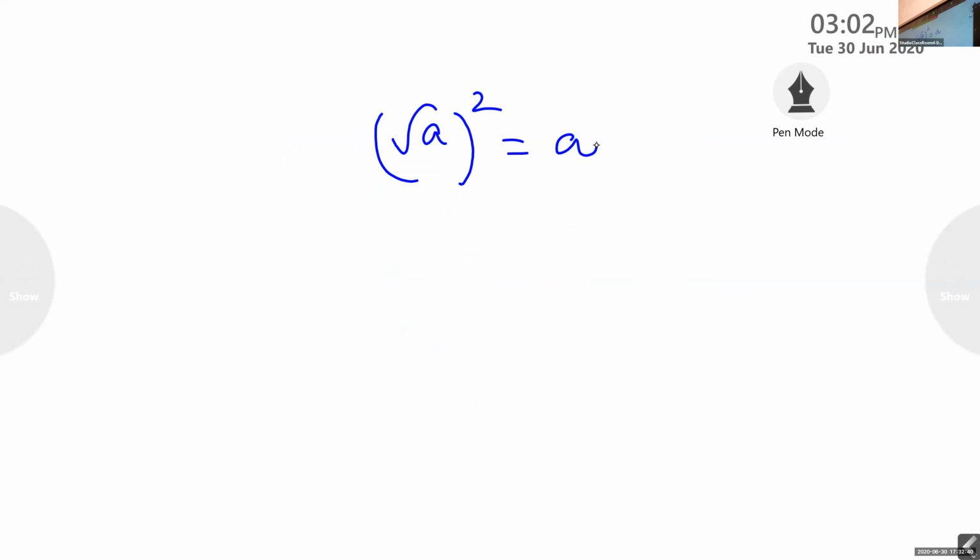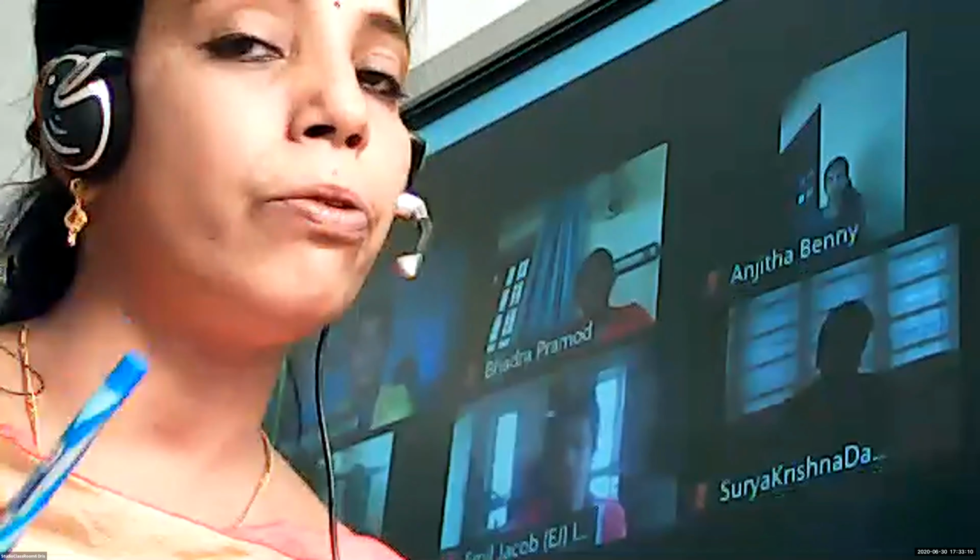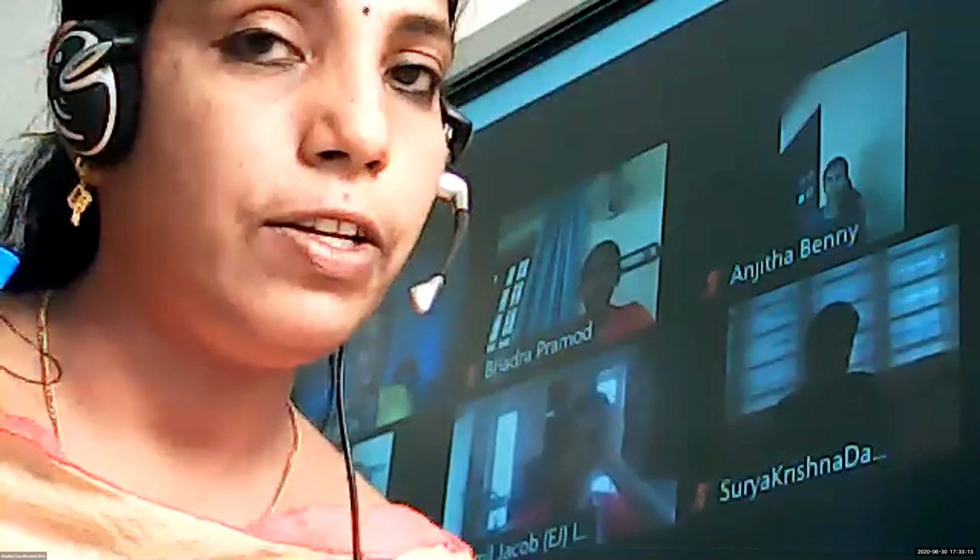Root 2 whole square is 2. Root 3 whole square is 3. Root 5 whole square is 5. Root 10 whole square is 10. Root 10 whole square means root 10 into root 10. That is the first rule.